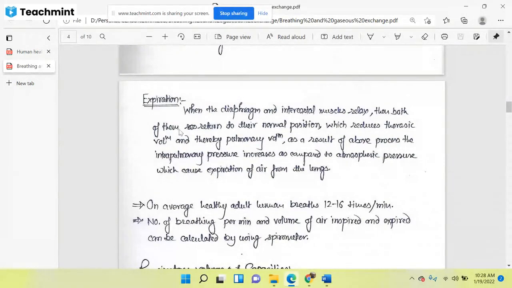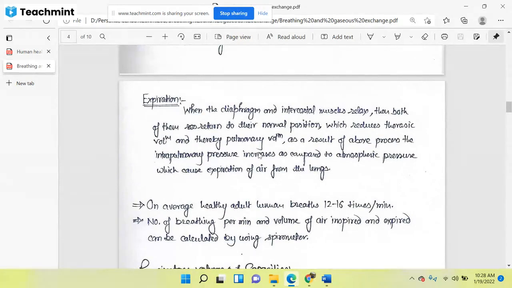Then, as a result of the above process, the intrapulmonary pressure increases. So what will happen here? The pressure will become positive. Previously the pressure was negative, a vacuum was created, but after relaxation of the diaphragm as well as the intercostal muscles, when they come to the normal position, the volume will be decreased, and due to decreased volume, a positive pressure will be created.